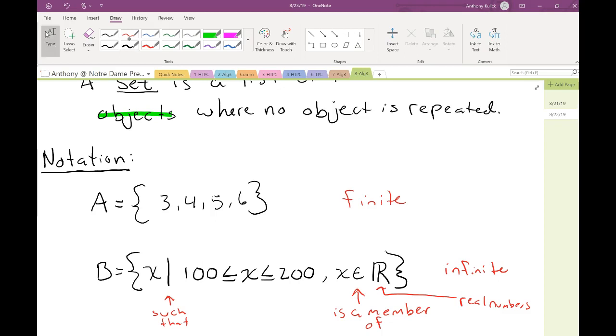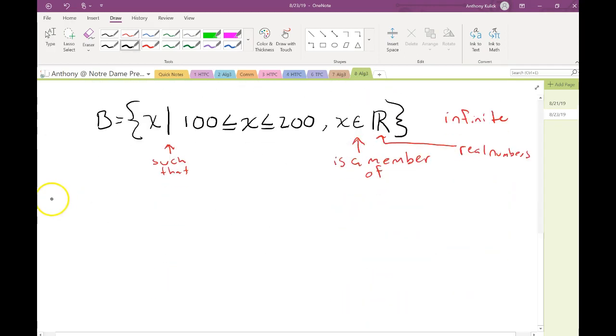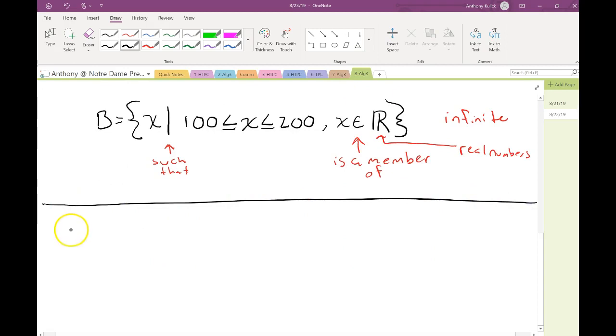Okay. So the next definition we need to do then is defining something called a relation.